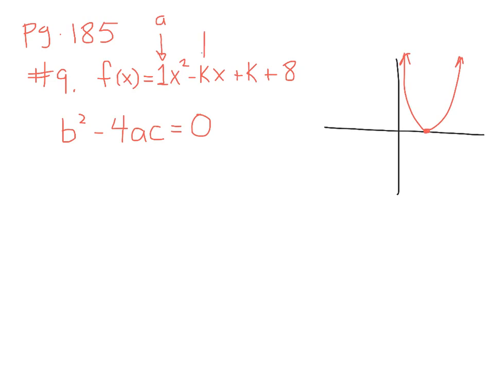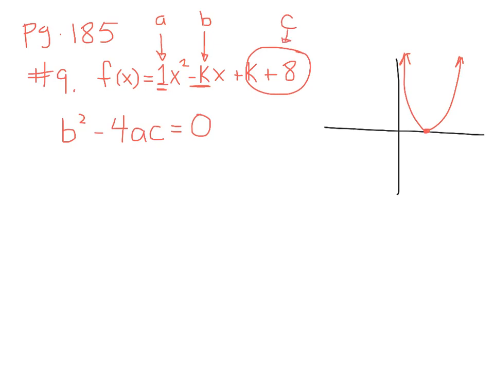The a is in front of the x squared. The b is in front of the x, which is actually negative k. And then my c value is the constant at the end, the one not attached to an x. This is my c value, the k plus 8.